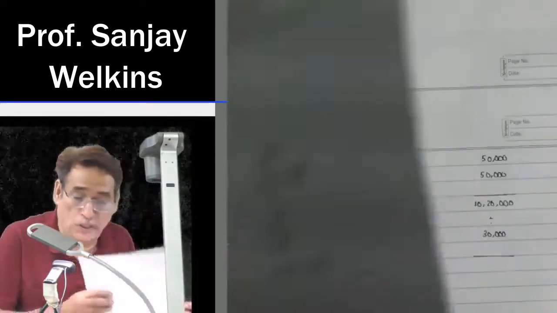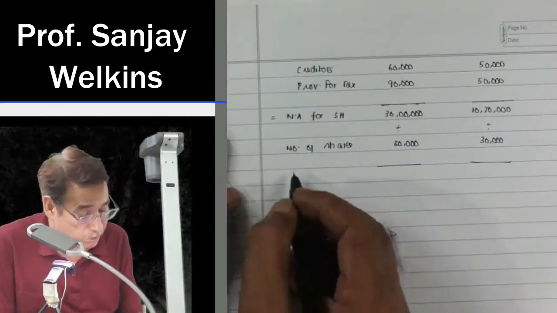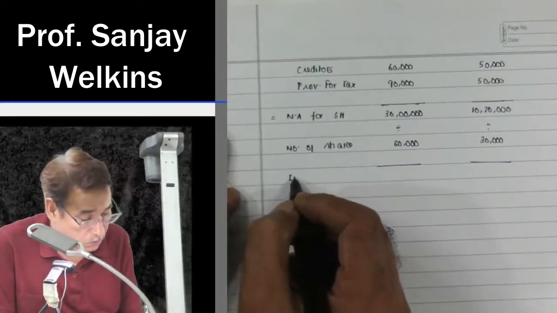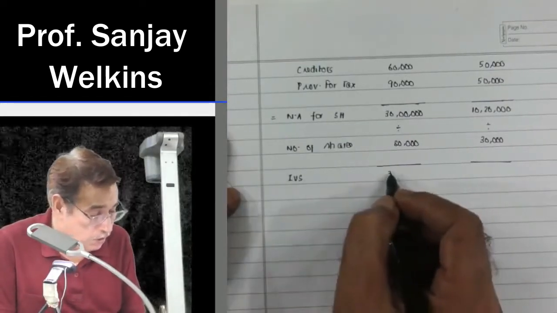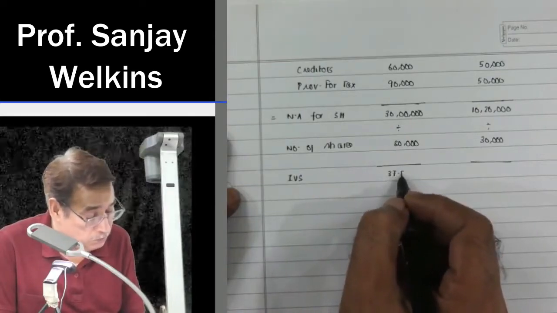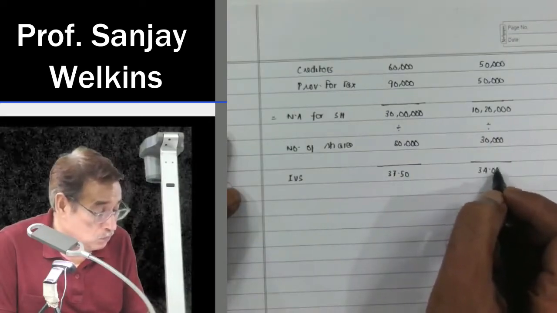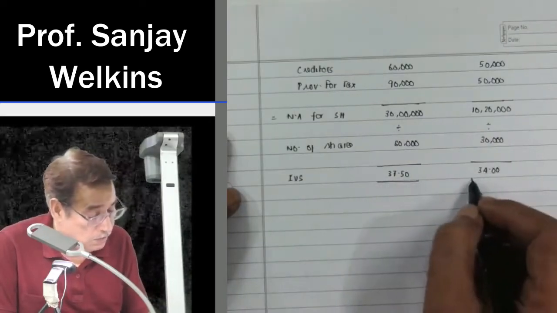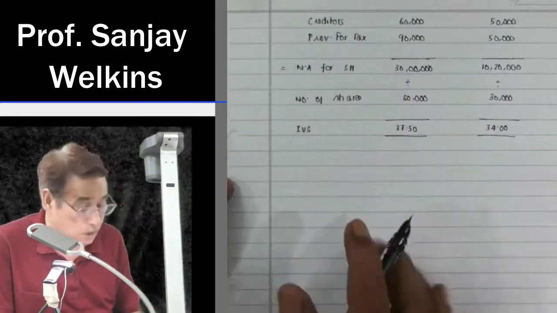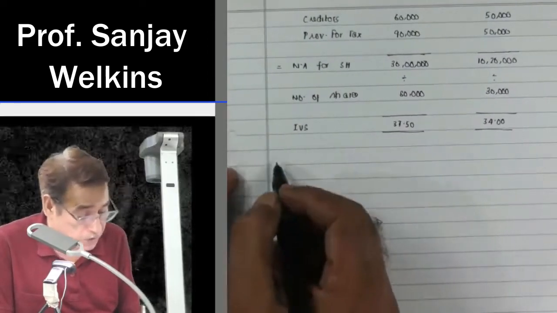No more this sheet is required. So intrinsic value of share, 37.50 and 34. Then you will compute the amount of consideration.